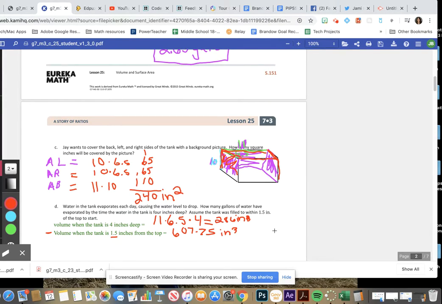It says how many gallons of water have evaporated by the time the water in this tank is 4 inches deep. So I need to use the original volume of the tank depth minus when it was 4 inches deep. So 607.75 minus 286.00.